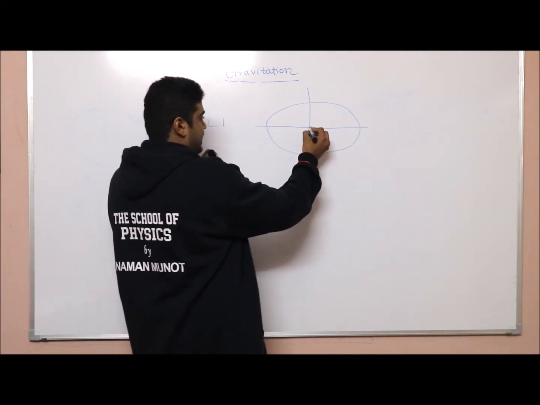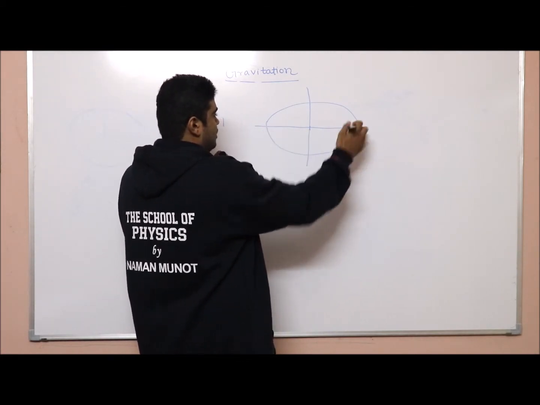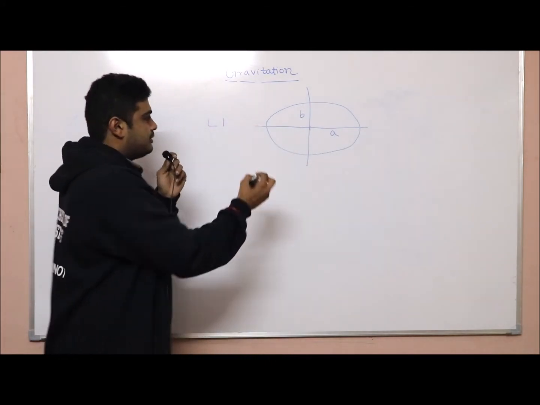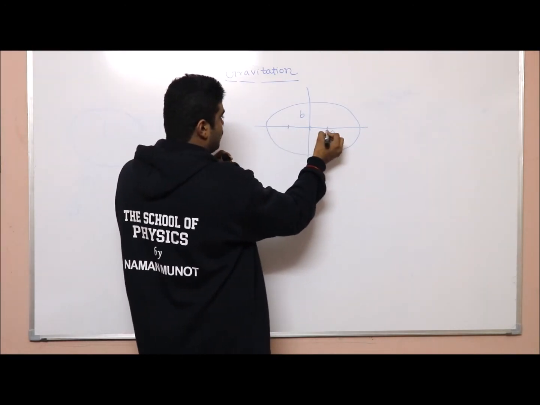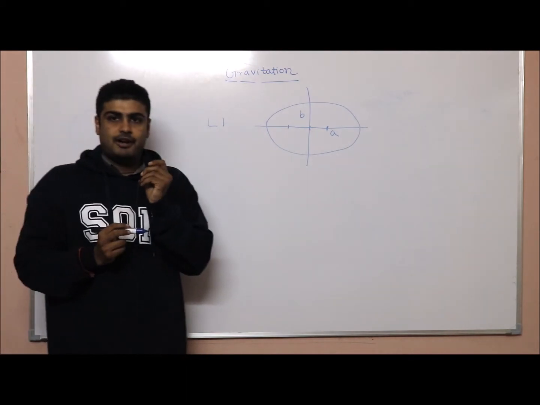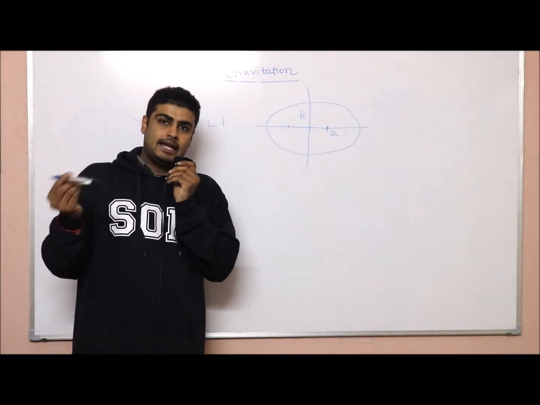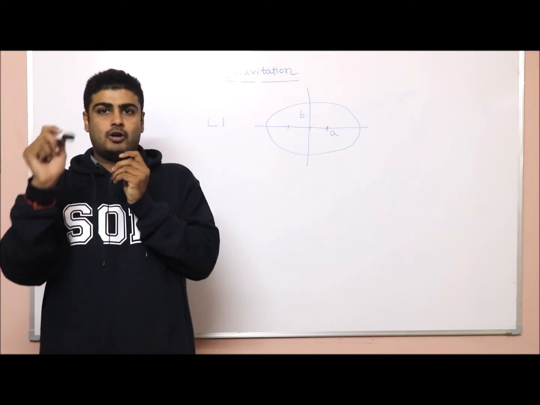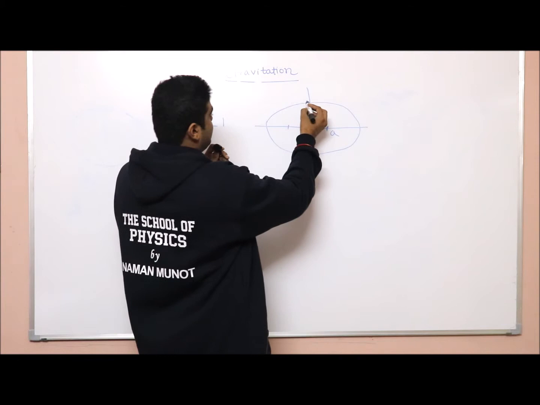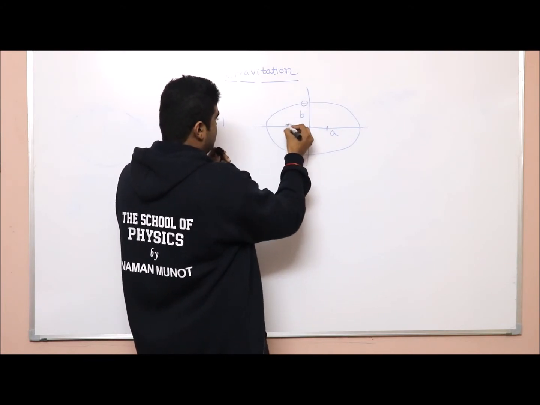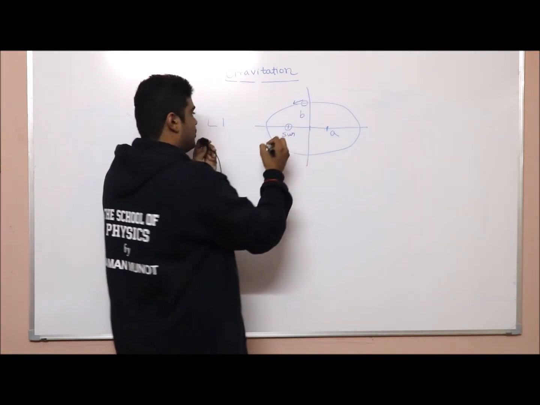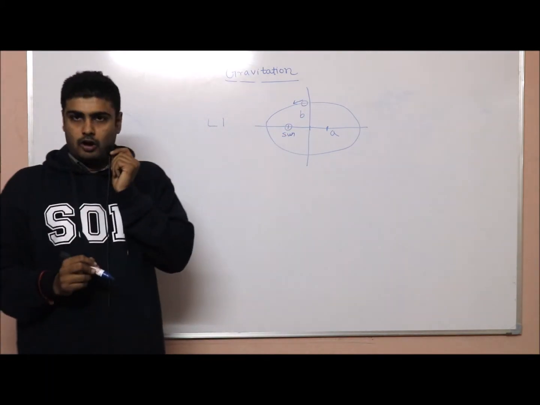So this length is 2a, this length is a, and this length is b. So this is the semi-major axis, the semi-minor axis, and then there are two focuses. The first law that Kepler said was that the sun lies at a focus of the ellipse, at any focus, and the planets revolve around it. So this is the sun, at one of the focuses, and this will be the planet revolving around the sun in elliptical orbits.